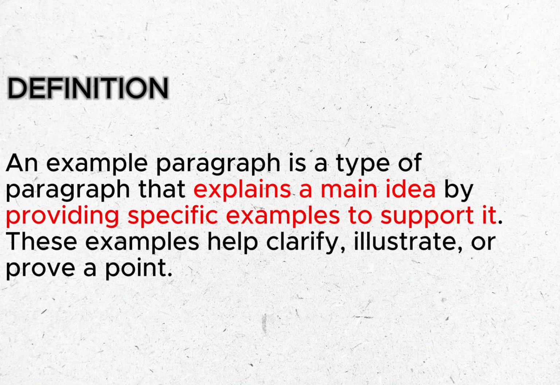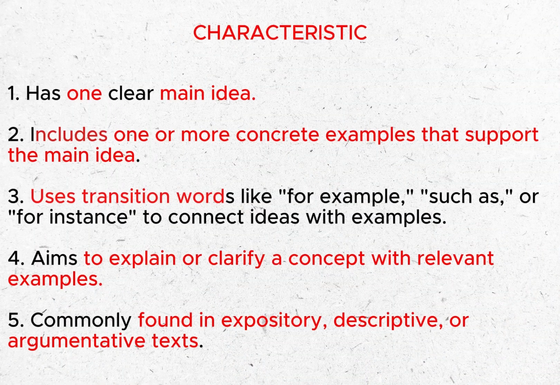So the next thing I want to explain is the example paragraph. An example paragraph is a type of paragraph that explains a main idea by providing specific examples. To support it, these examples help clarify, illustrate, or prove a point. There are some characteristics. The first one is it has one clear main idea.